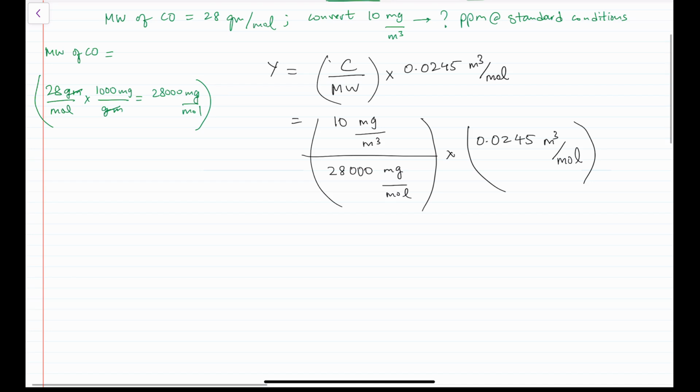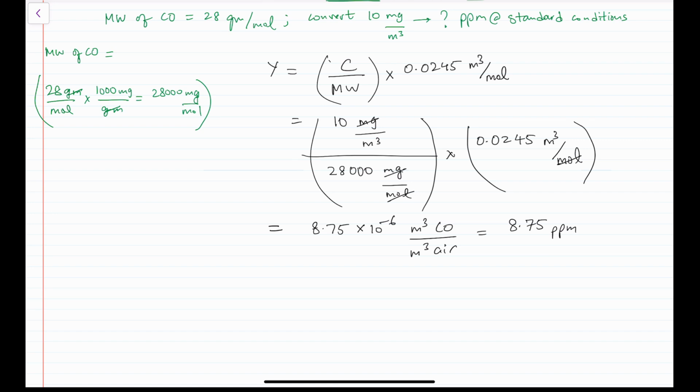So now if you plug this all into your calculators and calculate this, we get about 8.75 into 10 to the power minus 6, which is equal to actually 8.75 ppm.